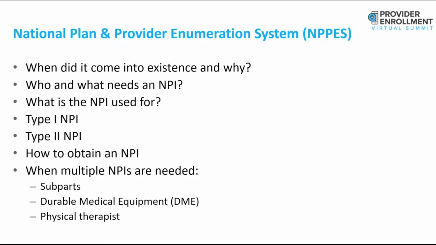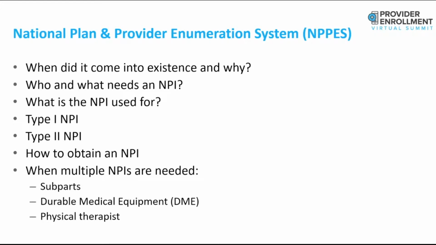The final rule adopting the NPI as the standard unique healthcare identifier for providers was published January 23, 2004, and became effective on May 23, 2005. All HIPAA-covered entities had to be in compliance with the NPI provisions by May 23, 2007. That was 2 years after it became effective, except for small health plans, which were given an extra year.